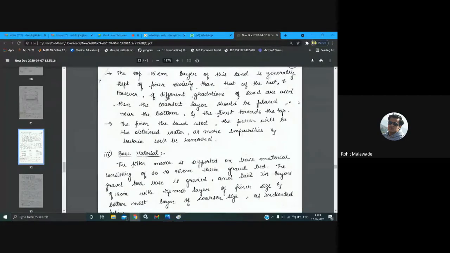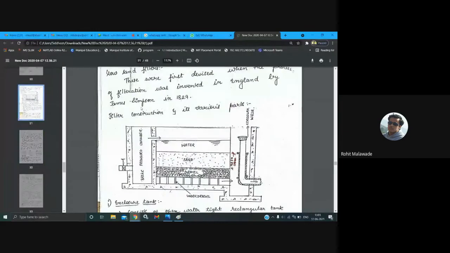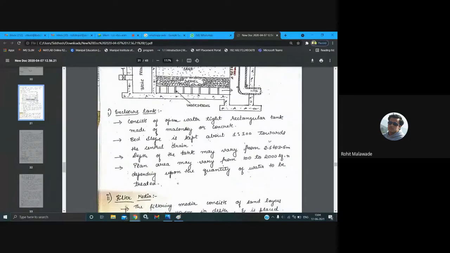The reason we use the finer sand at the top is that the very fine suspended particles should be arrested and removed in this particular region only. So that is the reason why we maintain very fine sand at the top.